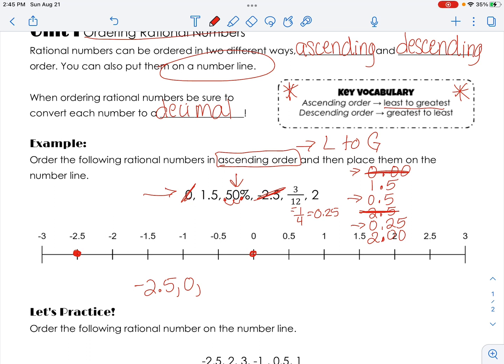Well, if I'm going from 0 to 1/2, 25 hundredths, the 2 is less than the 5, so 25 hundredths is going to come next. Go about right there. And the next number would be my half, 0 and 5/10, which is 50%. You must list it in the number form that it is given to you. So this would be 50%.